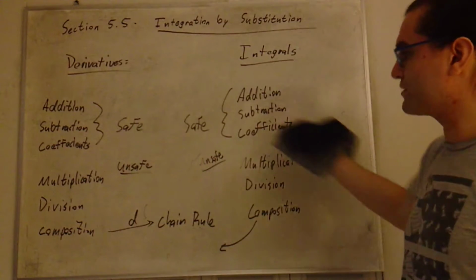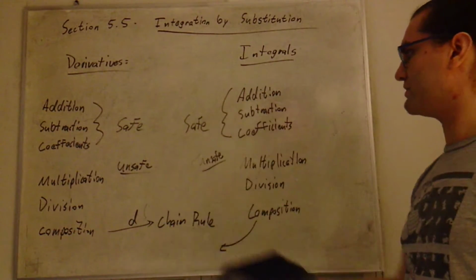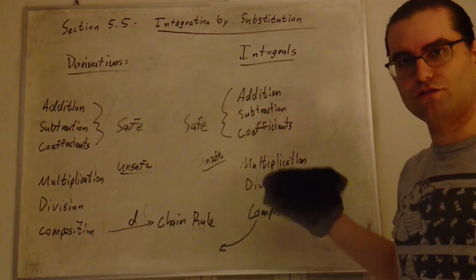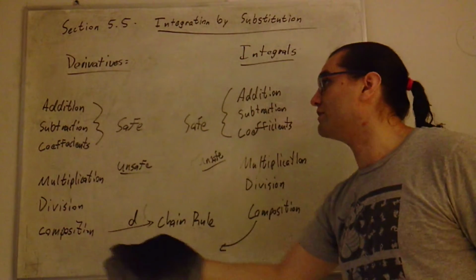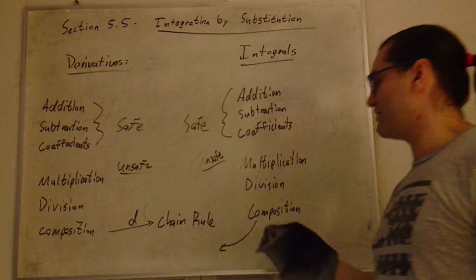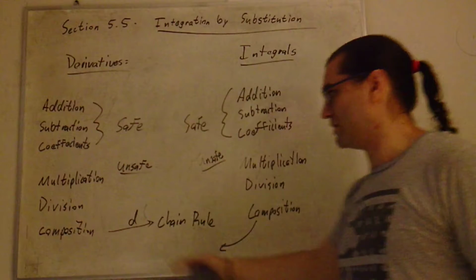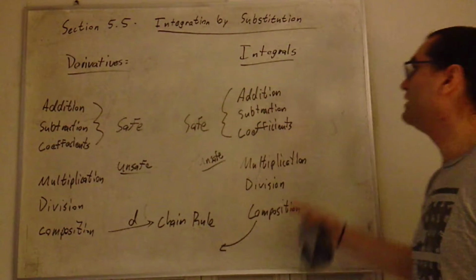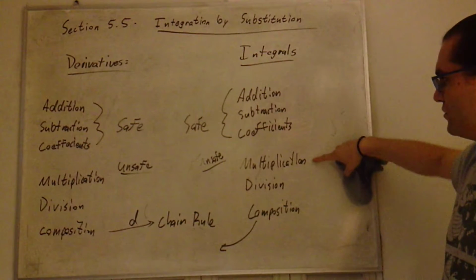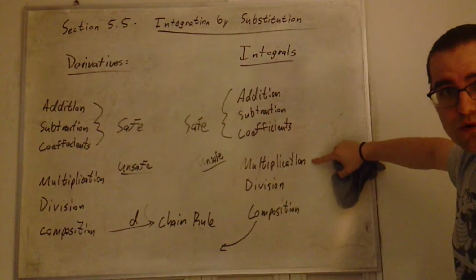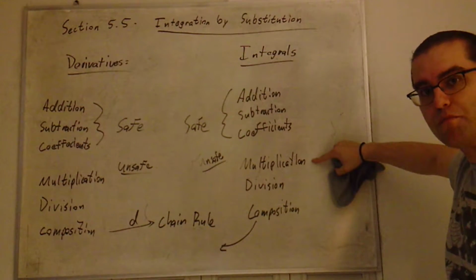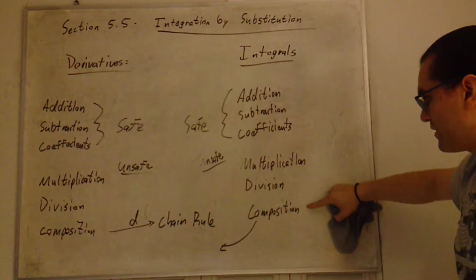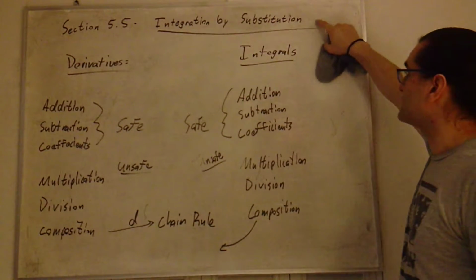So, this is the quick breakdown of what's safe and what's not in integral land. It matches what's safe and what's not in derivative land. The thing that's going to be different are the rules we use. Here we have product rule, quotient rule, chain rule for derivatives. For integrals, when we have products, we're going to have to do something called integration by parts. When we have composition, we'll have to do this, integration by substitution.